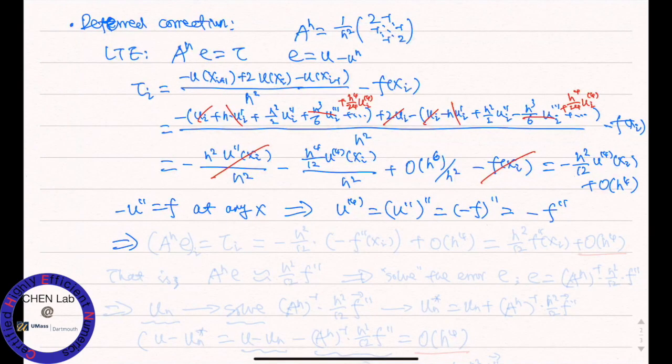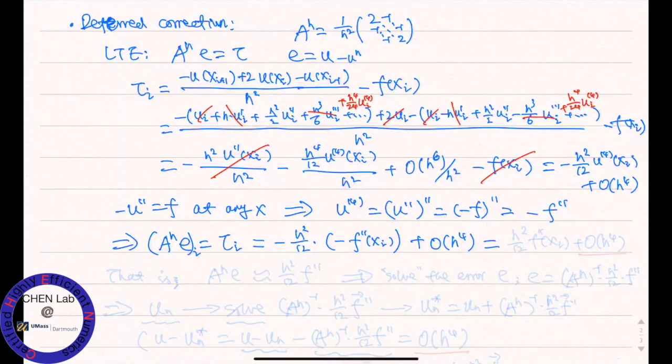So that means that our tau i, which is the i-th component of tau h, is equal to negative h squared over 12 times u to the fourth derivative at xi, which is negative f double prime at xi, plus the next term is order h to the fourth.